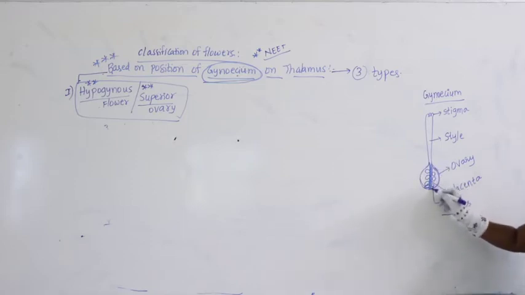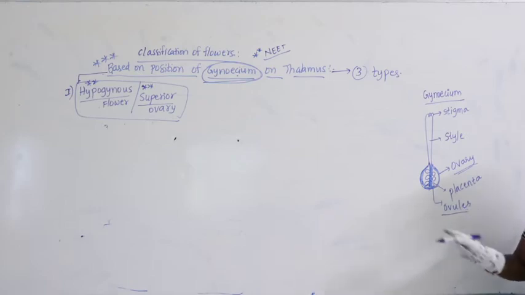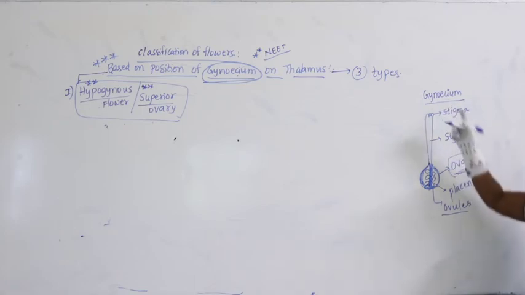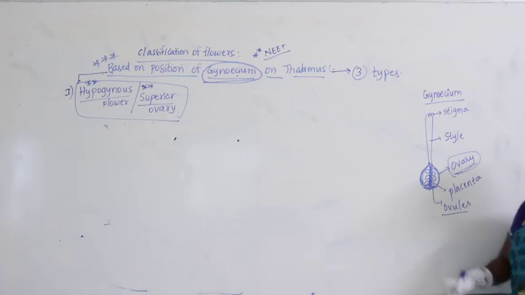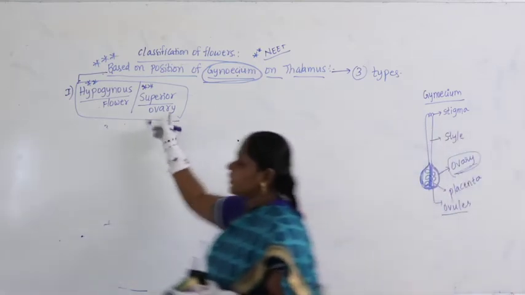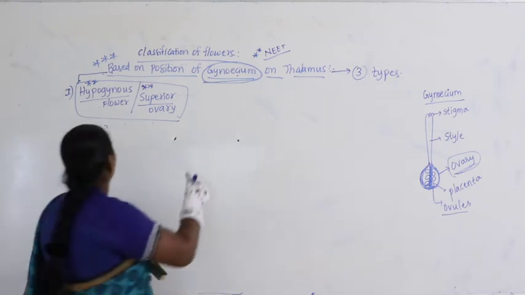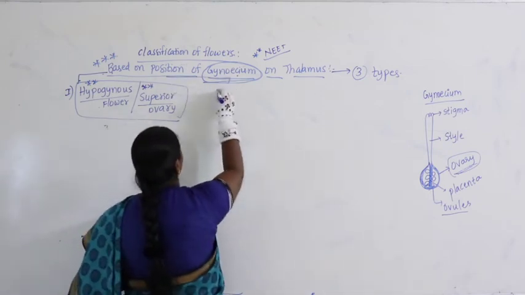So, in gynoecium mainly which part is very important? The ovary part is very important. Where the ovary is located, based on that the type of flower we classify. So, gynoecium is also spoken in terms of ovary. That is why we say superior ovary, first category, right. Now, let us go to the second category.